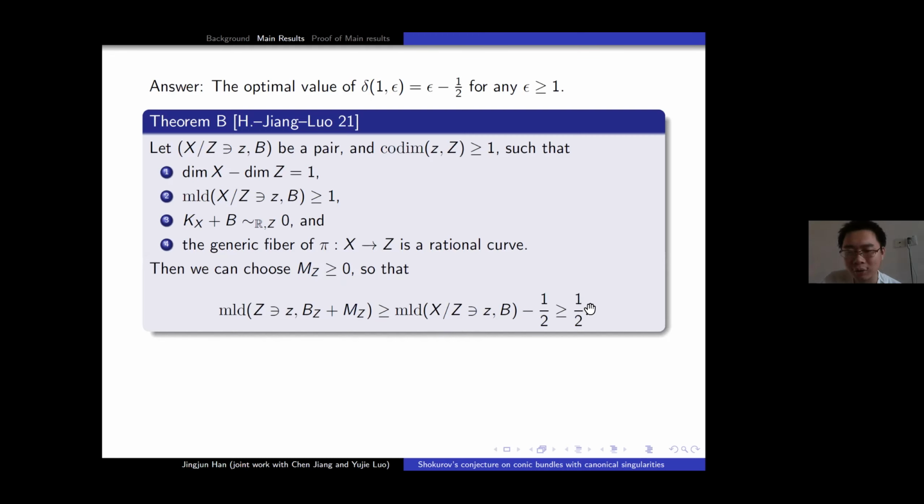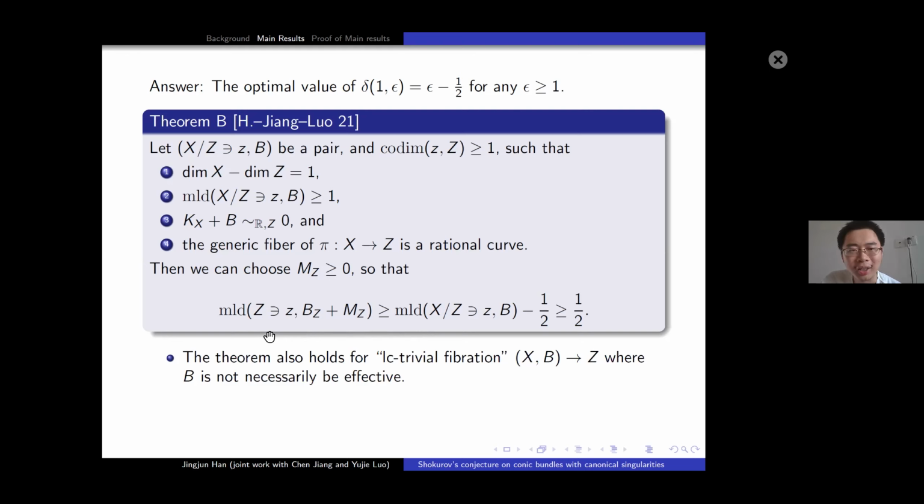It is larger than or equal to 1/2 on X. If I let the MLD of this relative pair equal epsilon, then our theorem shows that on the base Z, the MLD of the pair (B_Z + M_Z) is larger than or equal to epsilon minus 1/2. So the value of delta we may take is epsilon minus 1/2, and there are also examples indicating that this value is optimal.